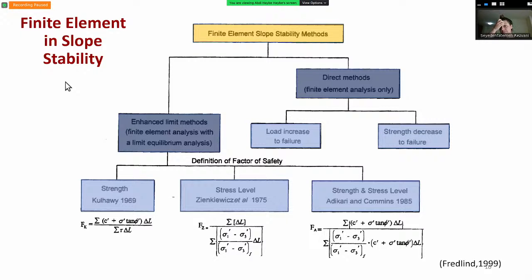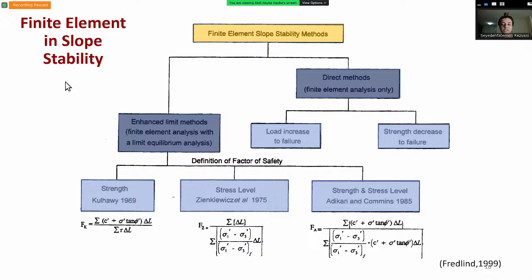Generally, we can divide the finite element stability methods into two categories. The first one is the enhanced limit method, which is actually a combination of finite element analysis and limit equilibrium method. In this method, we calculate the stresses at each point in the soil mass using finite element analysis, and then import these calculated stresses into a limit equilibrium method to find the total factor of safety for the soil.